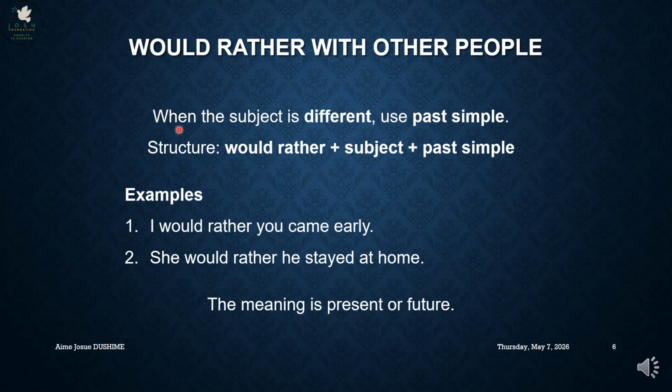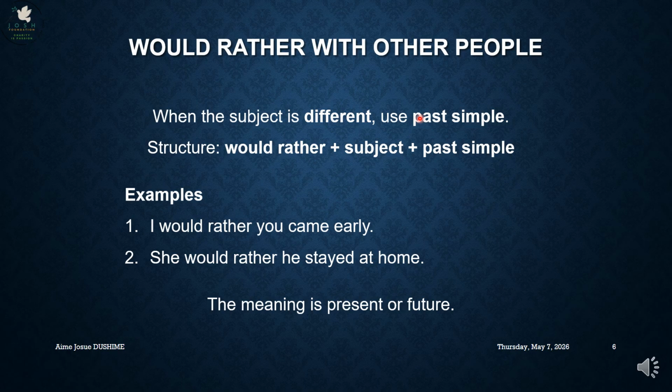Let's see. When the subject is different, use past simple. When we have a different subject. Remember the first one, we had the same subject. Now this time we have a second subject. There's the first subject in me and I prefer something on another person.